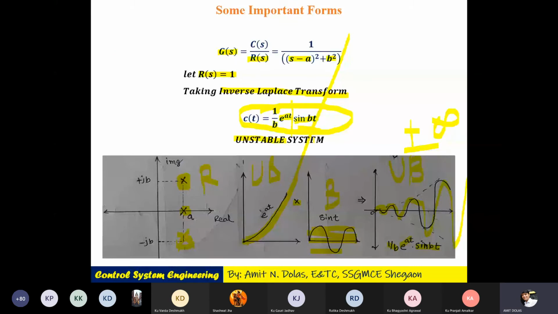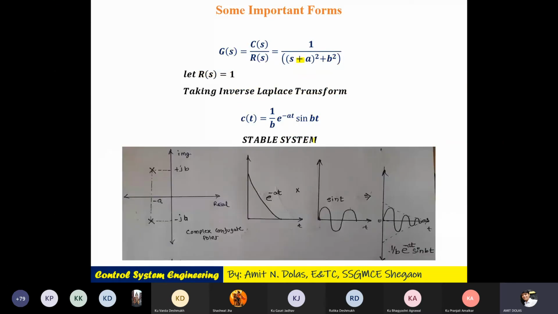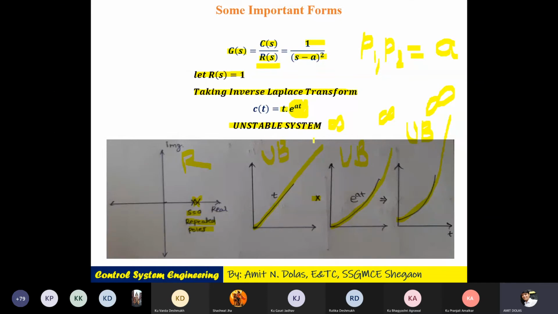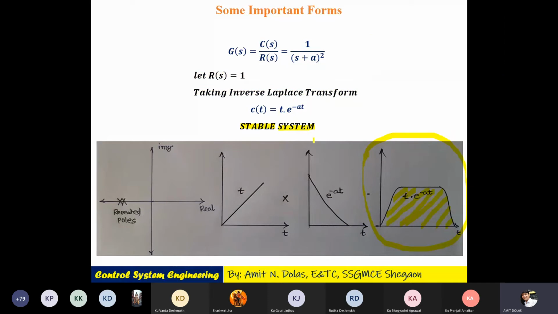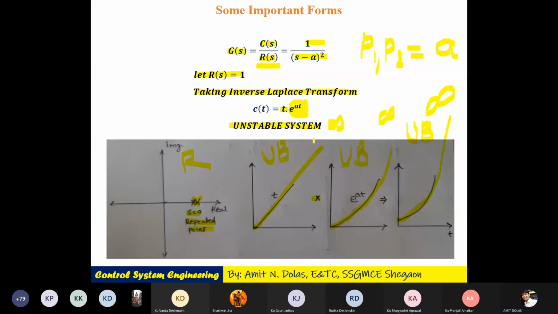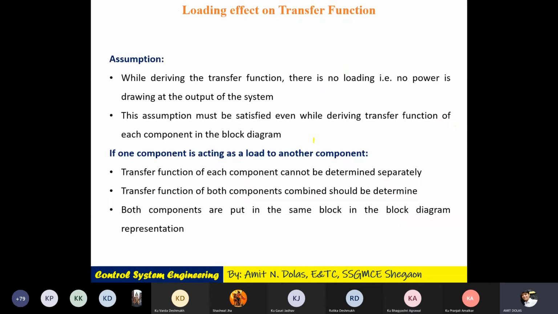So with this we have seen certain forms of the transfer function: a single pole in the left hand side means stable, a single pole in the right hand side means unstable, a complex pole in the left hand side means stable, a complex pole in the right hand side means unstable, a single pole at the origin is marginally stable, a complex pole on the imaginary axis is also marginally stable, a repeated pole on the right hand side real axis is unstable, and a repeated pole on the left hand side real axis is stable. This is all about the forms of stability.